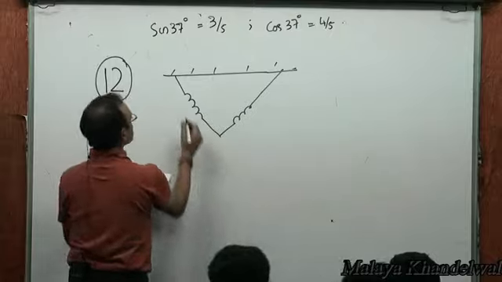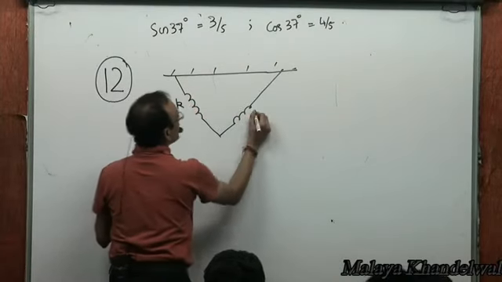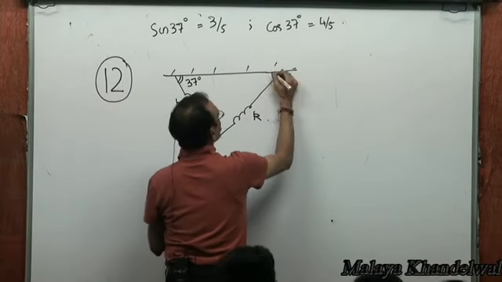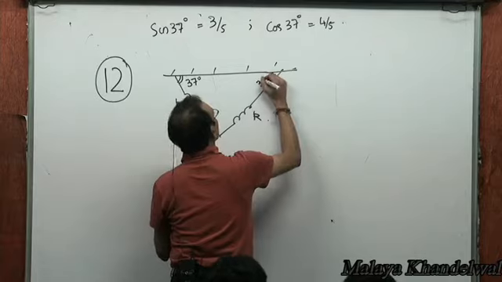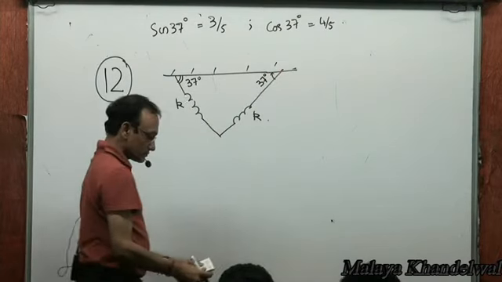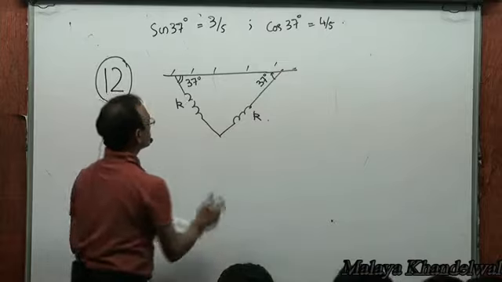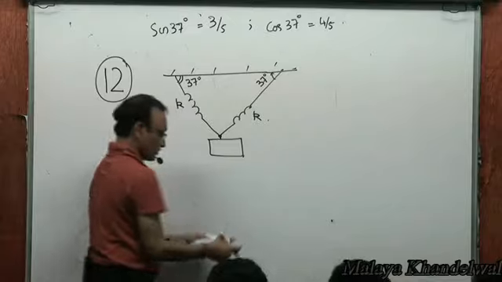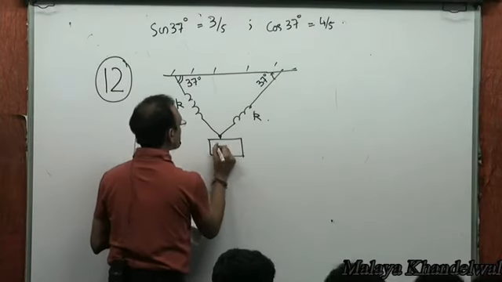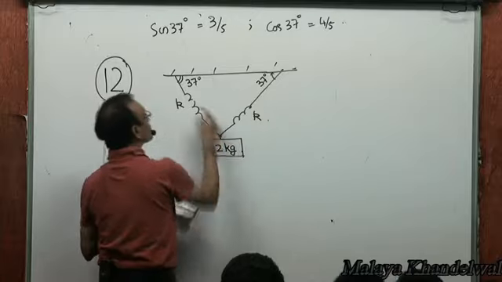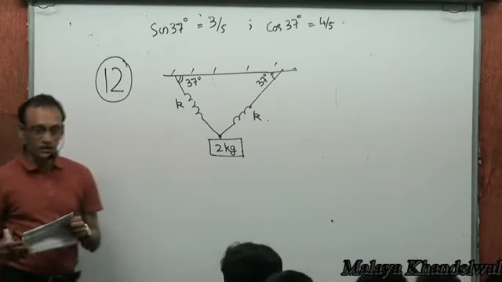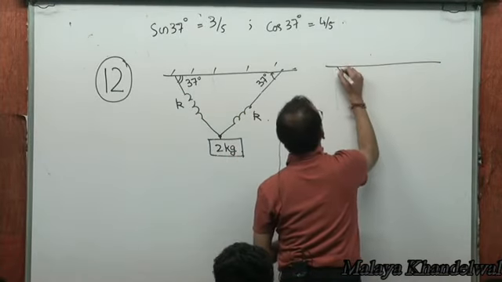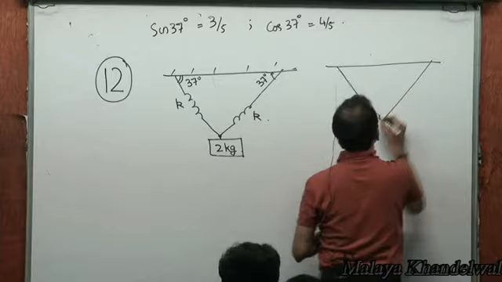There are these two identical springs of force constant K each, at 37 degrees, and there is a block of mass 2 kgs right here. The whole unit is in equilibrium. That's one. The second one is the same thing, instead of these springs, you have strings.